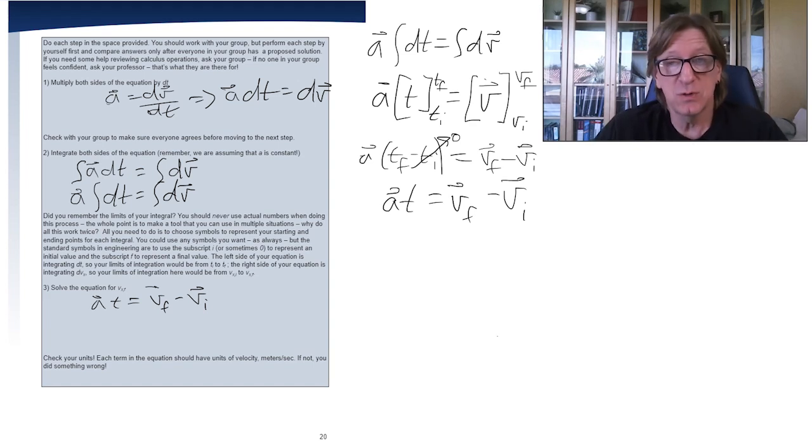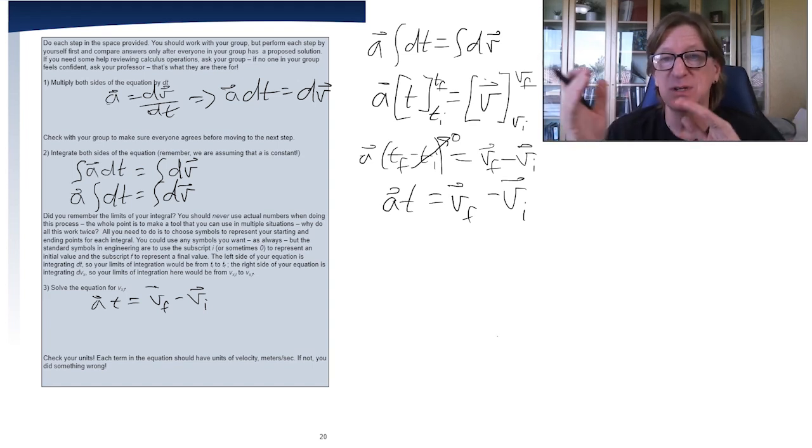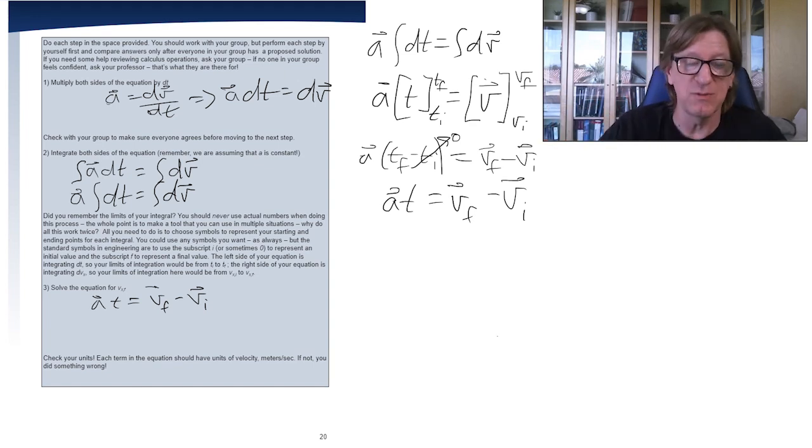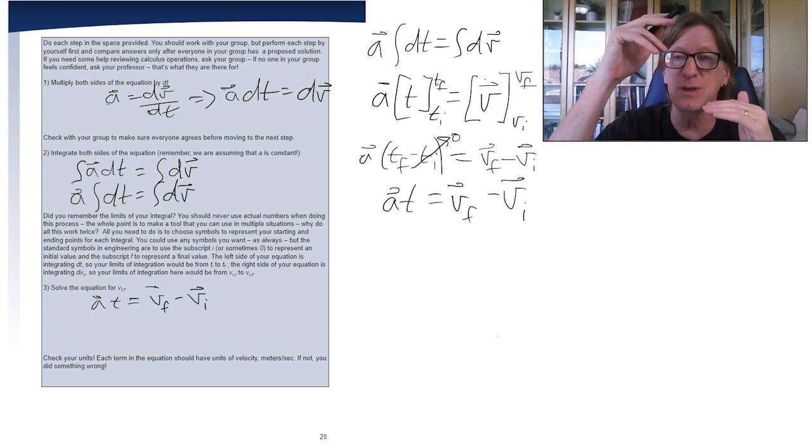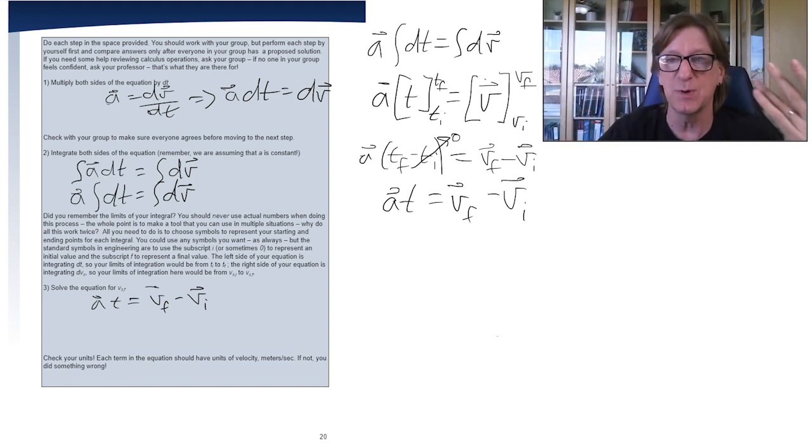It might not be the total time. And what we're going to see in just a minute is we're going to have to break down our problems often into phases whenever the motion changes. And so the elapsed time is only going to be from this part to this part, or this part to this part. All right, solving this for vf is pretty straightforward. So I just need to move my vi to the other side. So I get vf is equal to vi, it's positive because I moved it over here, plus at.